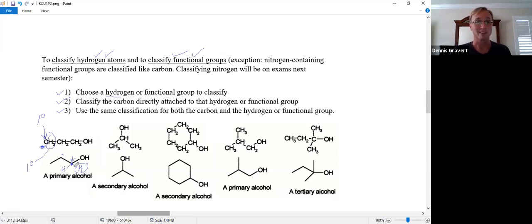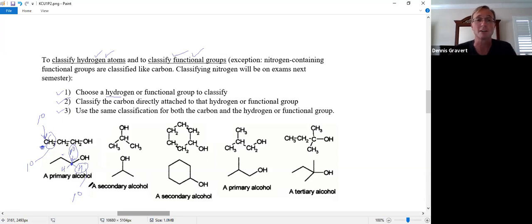Don't count that one. And over here on your right, bottom right, there's not a hydrogen. Okay, so out of the 4 bonds, only one of them is attached to a carbon. This is also a primary carbon. There's only one attached carbon. So what degree is this hydrogen? Primary as well. So whatever the label is for the attached carbon, that's shared with the hydrogen.